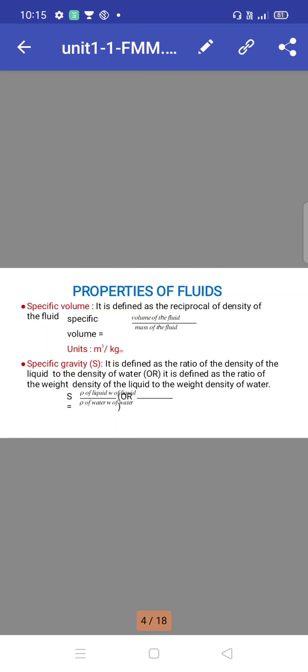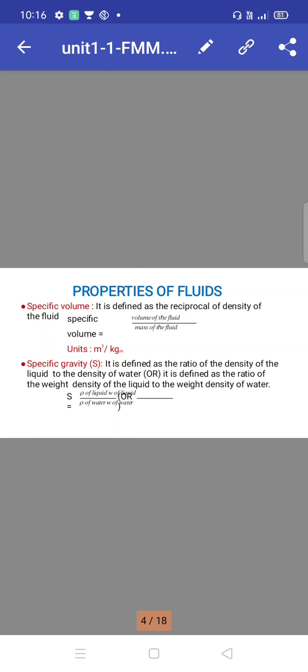Then specific volume. Specific volume is the reciprocal of density. Or we can simply say whenever we use the term specific, it means the denominator should be mass, divided by mass or divided by kg. So that is called specific.